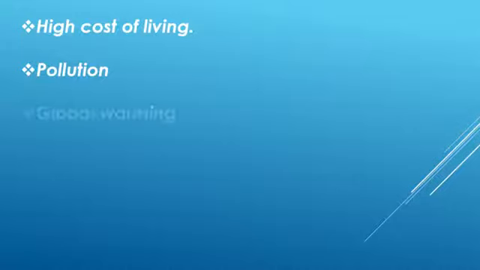Next has to do with global warming. Now, you may ask, what is global warming? Global warming occurs as an increase in the Earth's temperature due to the trapping of heat by gases.